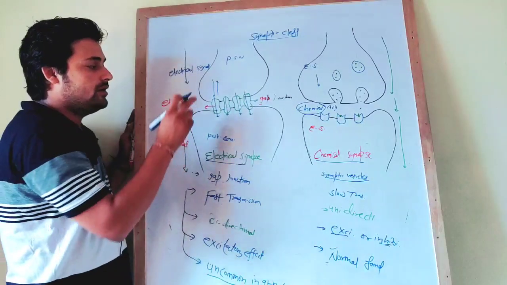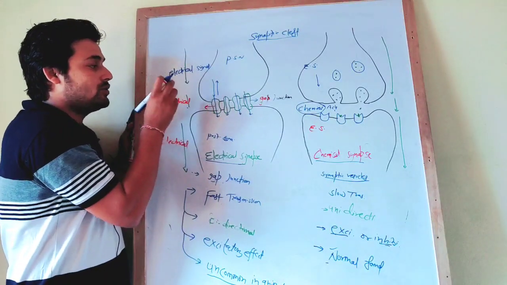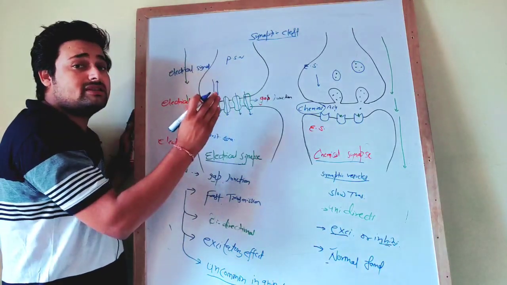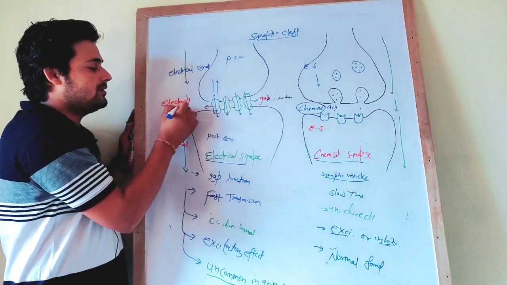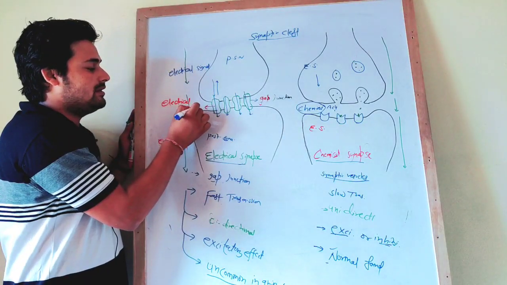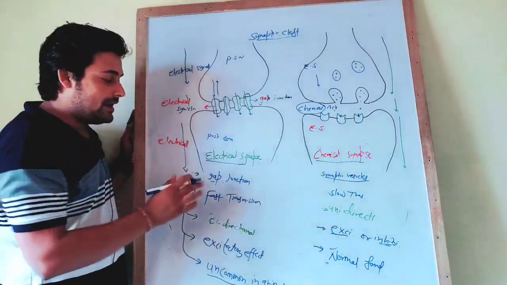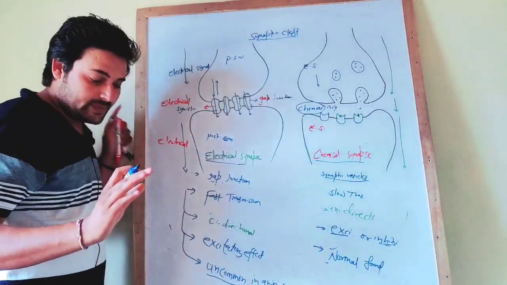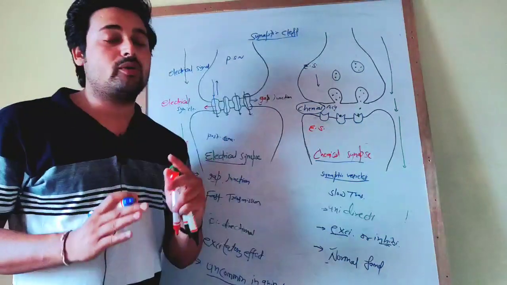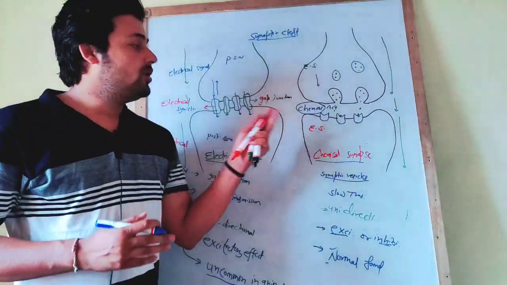If your signal is passing through a gap junction in the synaptic cleft, then we call it electrical transmission. So this is all about the basic differentiation between these transmissions.